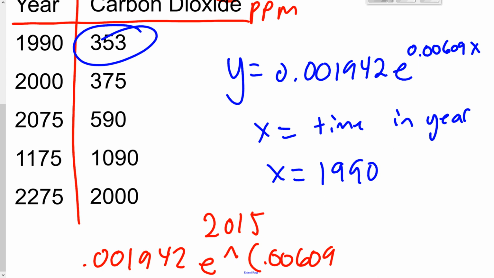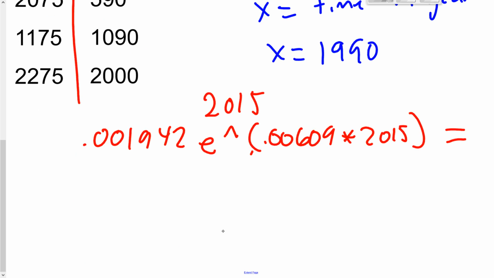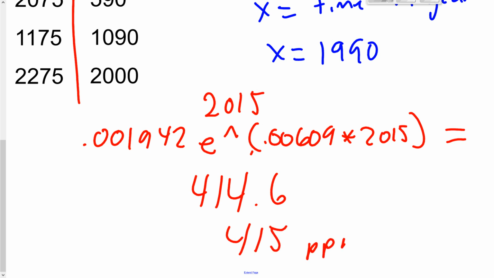Our year is the actual year, so not 25, the difference between 1990 and 2015, but the actual year 2015. Then multiply by 2015, end your parenthesis, press enter or equals, and you will get 414.6. If we round to the nearest parts per million, it'd be 415 parts per million.